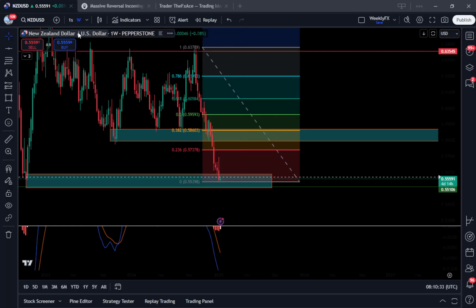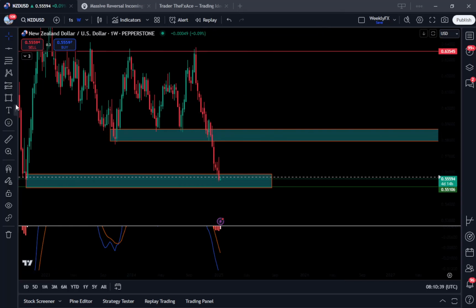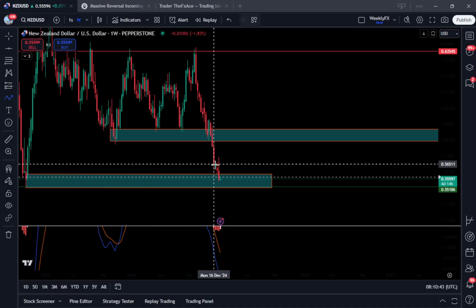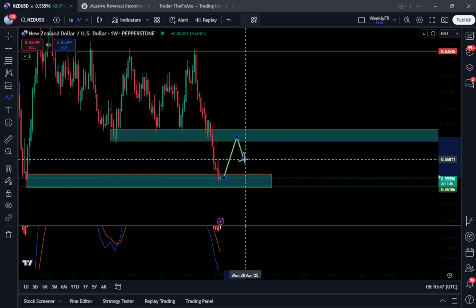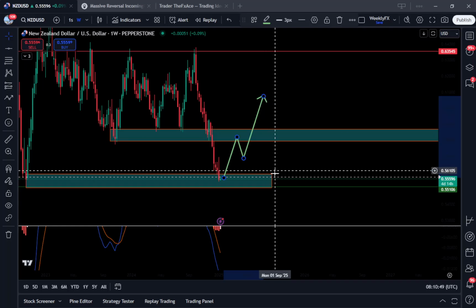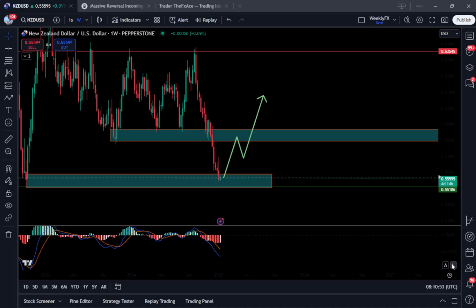It might not play out this week, but the entry is there for the targets. Again, maybe 2-3 weeks, this trade will likely hit here first, maybe get a retracement again, and then go higher to the upside. So that is one of my other key setups for the week ahead, Kiwi USD.